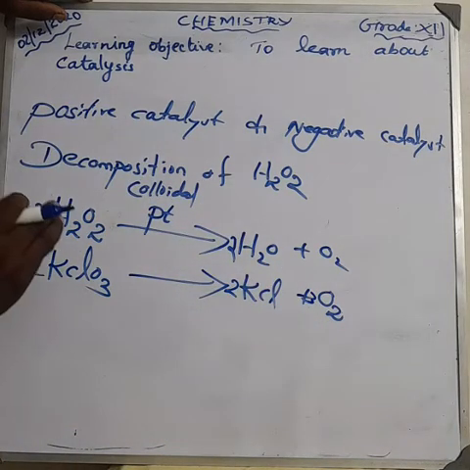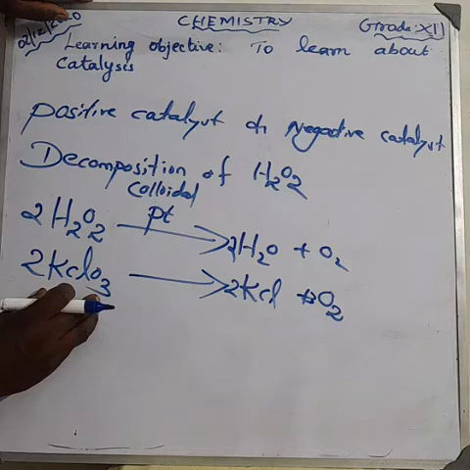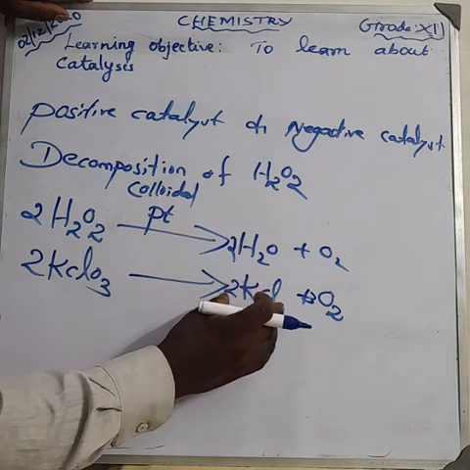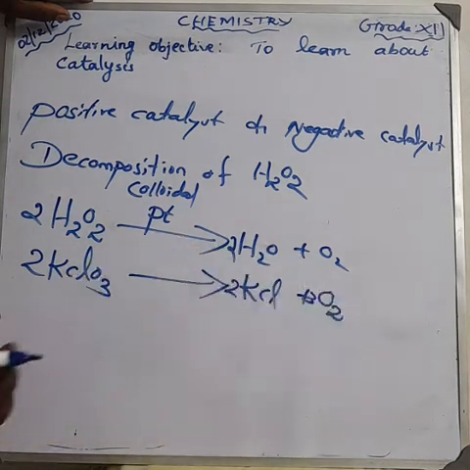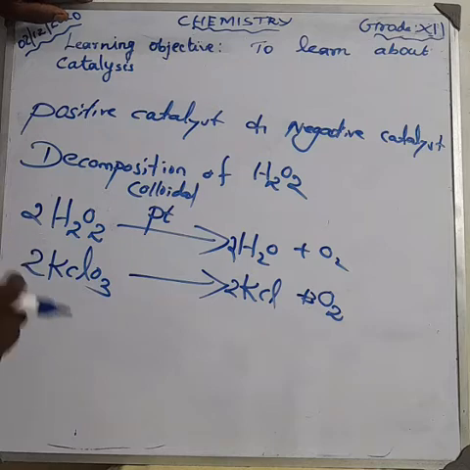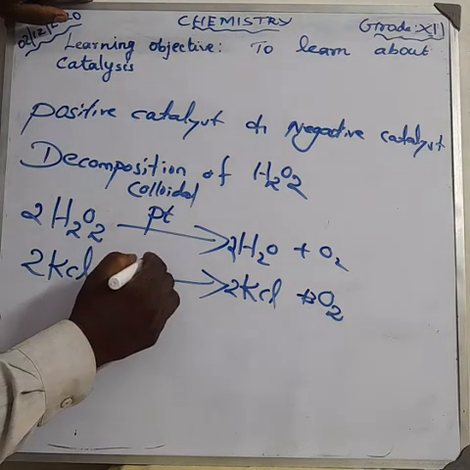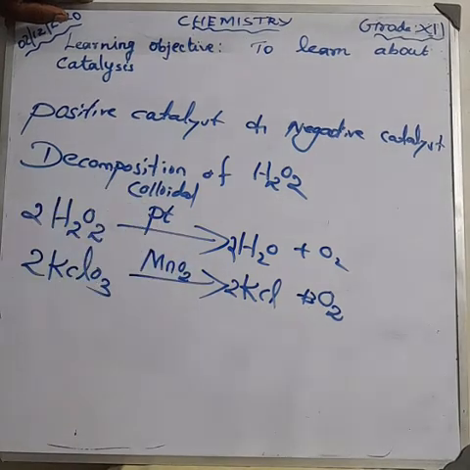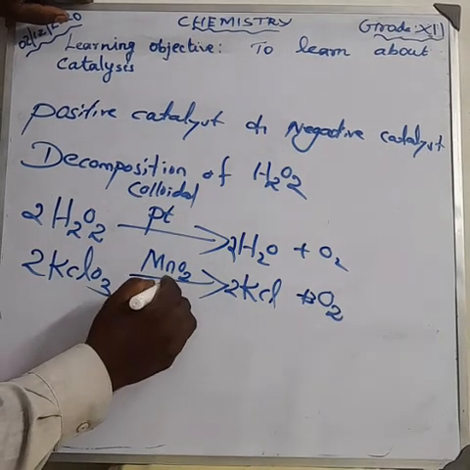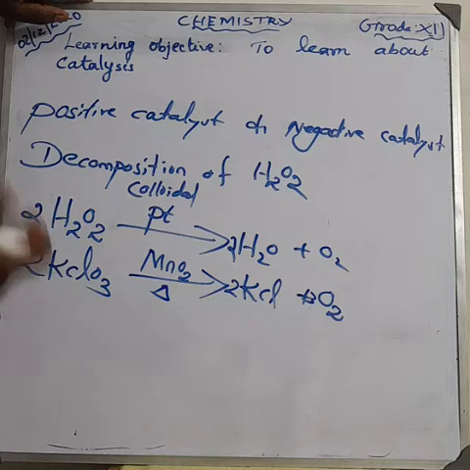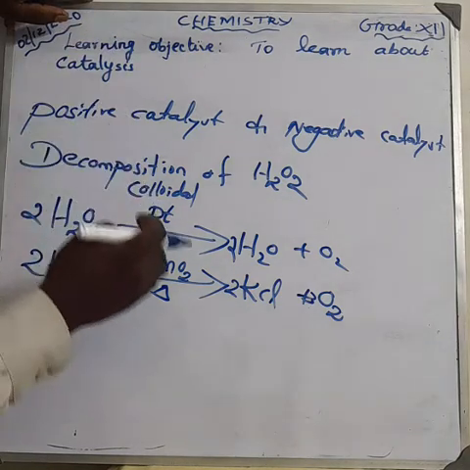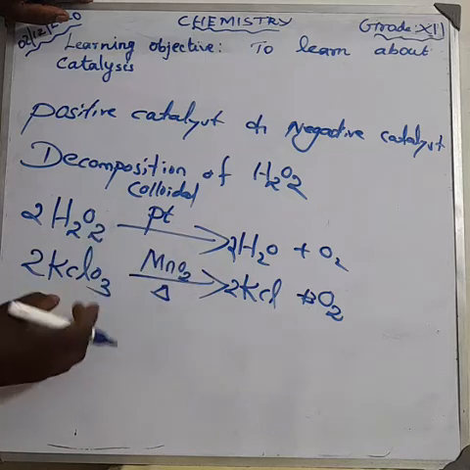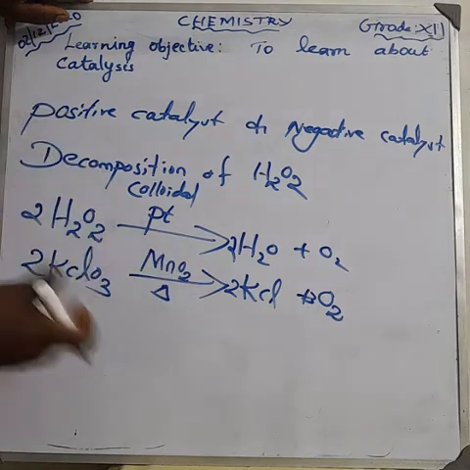Here the potassium chlorate is converted into potassium chloride and oxygen. Clear? But whenever we add one of the catalysts, MnO2, manganese dioxide, the speed of the reaction is increased and the reaction goes fast.